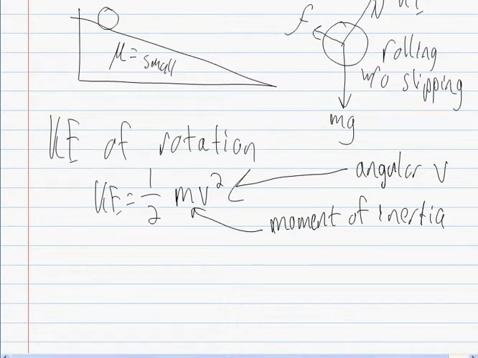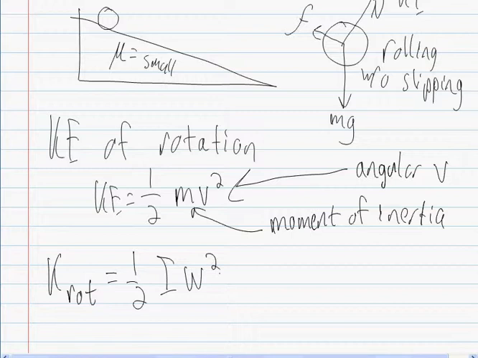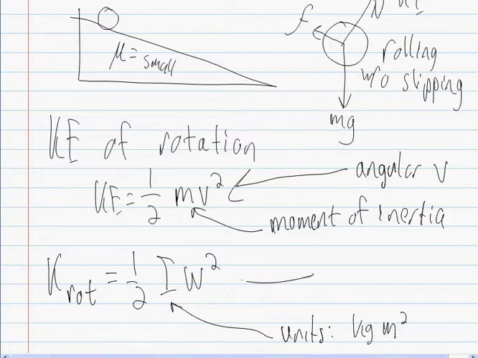So technically, what we call KE rot, kinetic energy of rotation, is going to be 1/2 I omega squared. And then let's see if we need any fudge factors for it. Well, I, the units, are kilogram meter squared. And the units for omega are radians per second, which is 1/seconds.